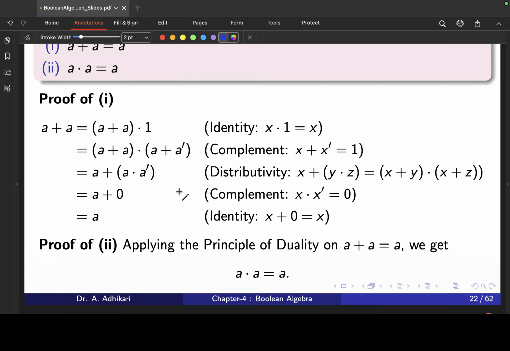Next, applying complement law, x dot x dash equal to 0, so this a dot a dash equal to 0, and then a plus 0 equal to a by the identity law, x plus 0 equal to x, for all x belongs to Boolean algebra.